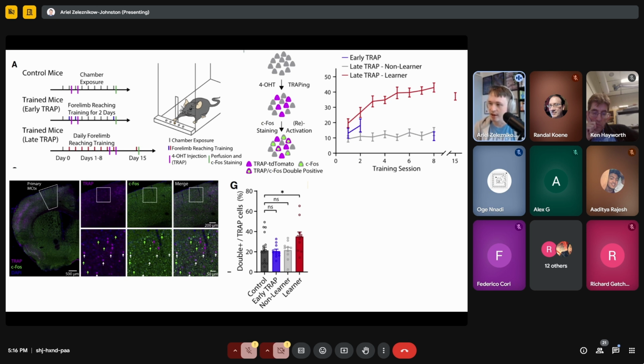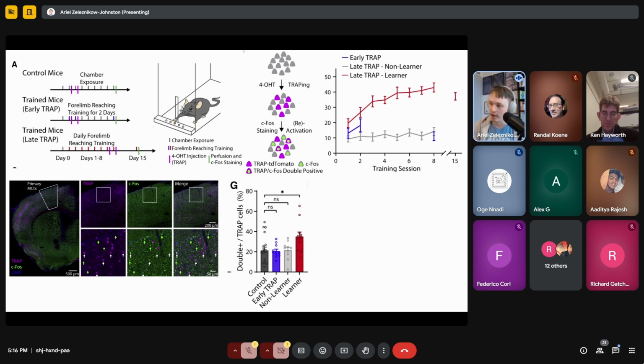Basically what it's saying is, of the cells that were tagged with TRAP, how many of those also are expressing cFos. Another way of saying it: when we look at the end of our little behavioral experiment at the number of cells that were active during the motor task, just prior to the animals being killed, how many of those cells were also active at the earlier time points when we were recording which cells were active during the motor task learning.